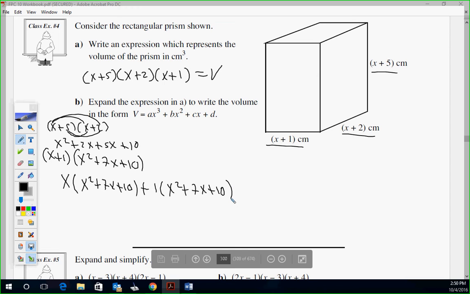Okay, I got to distribute the x, though. x cubed plus 7x squared plus 10x, okay, plus x squared plus 7x plus 10, because this doesn't change, it's multiplied by 1.